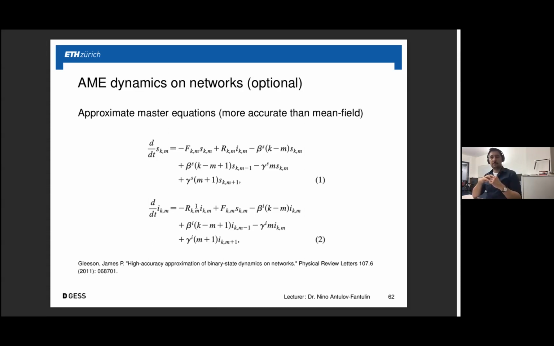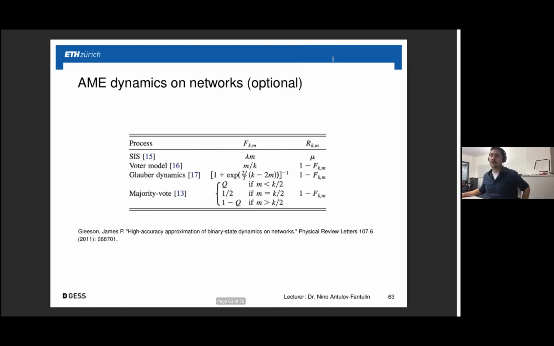Okay, so that is one way you can think about it. So FKM would tell you the transmission probability that you spread the disease, or that you get it from your M infected neighbors. That's now multiplied with lambda intensity. And for example, recovery, in this case, is independent of your neighborhood. So it's just a constant mu.